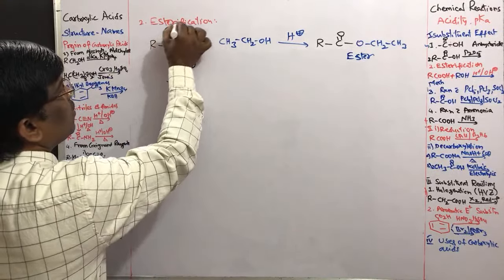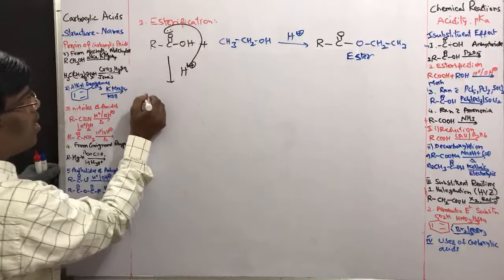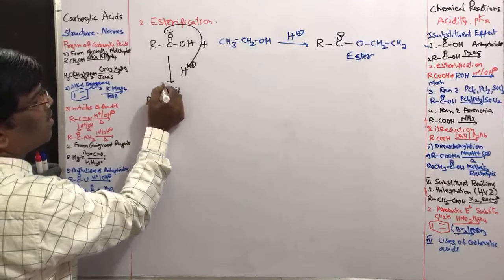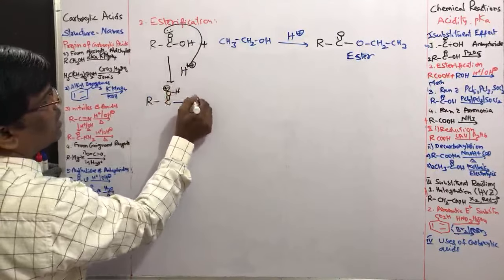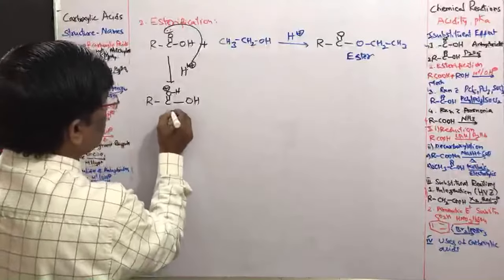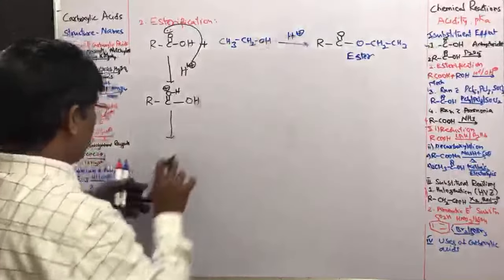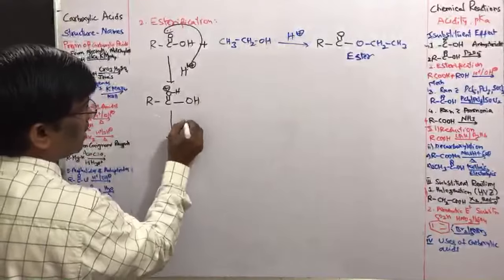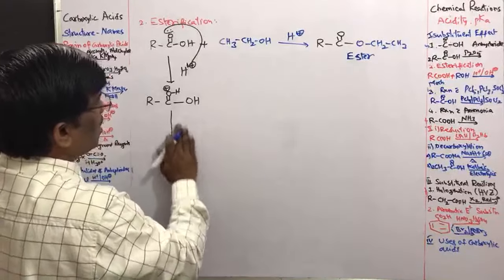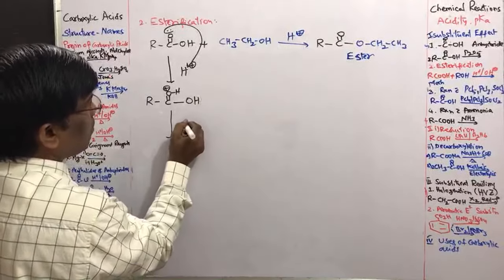So it easily donates lone pair electrons to form R, O, H here, positive charge, and OH. Now it is going to take up, we are doing it in water, sorry, so now it is going to take up alcohol.